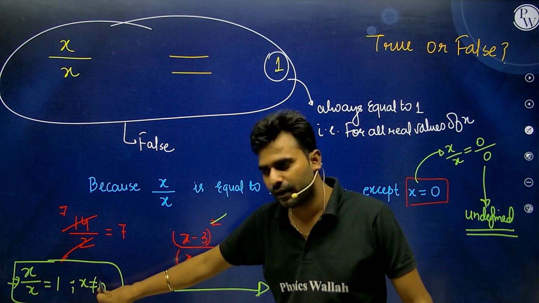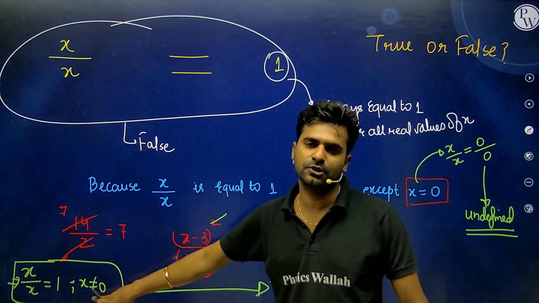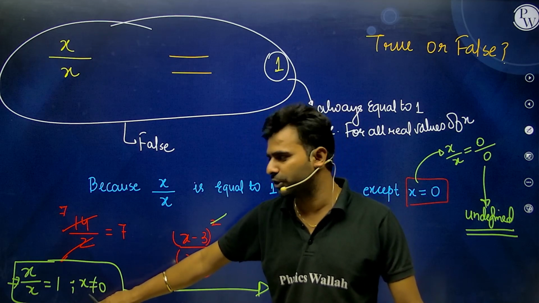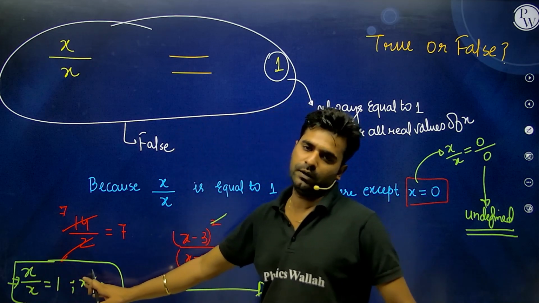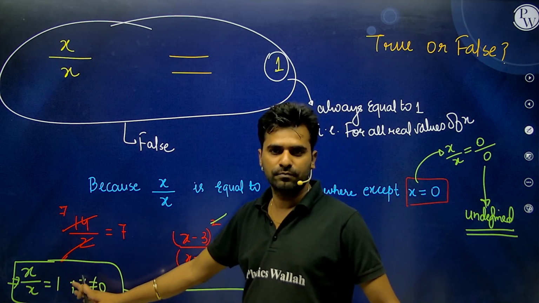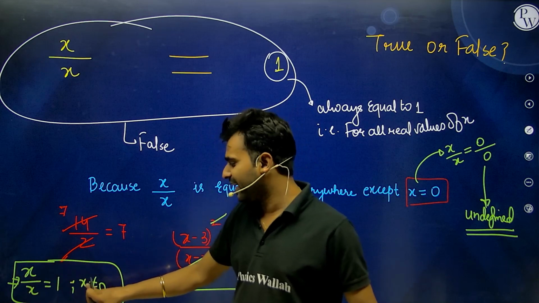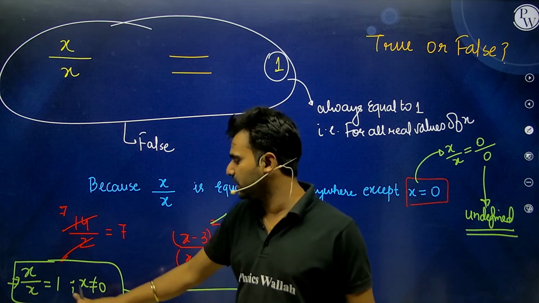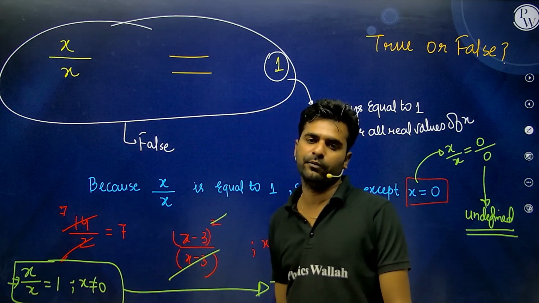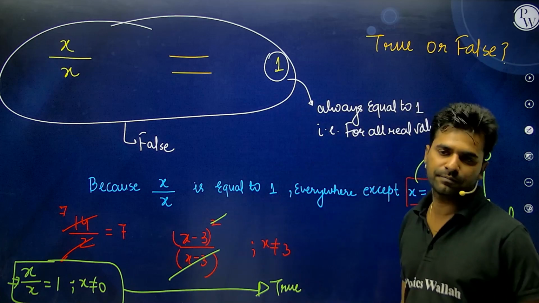So you have removed that case, that whenever x is not equal to 0, then only this thing will be equal to 1. If x is equal to 0, then obviously this thing is getting undefined. That's why these two things will not be equal. So x is not equal to 0 whenever this is there. So x by x you can write down as 1. I hope you guys are getting the point.